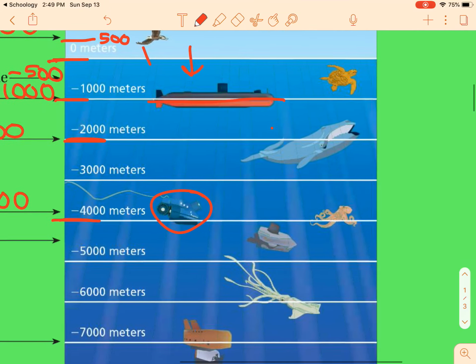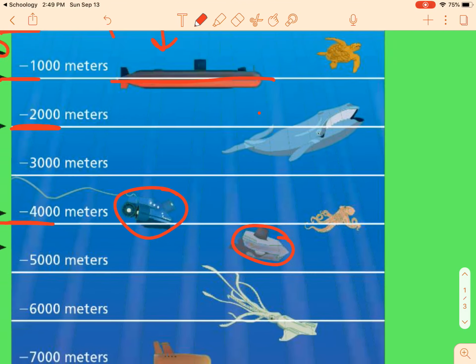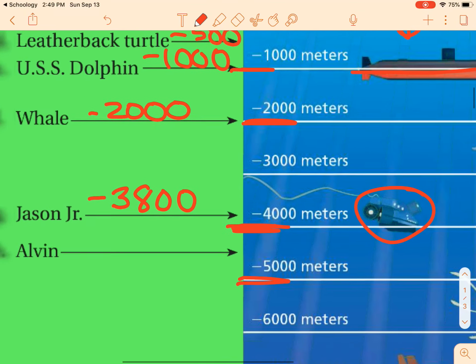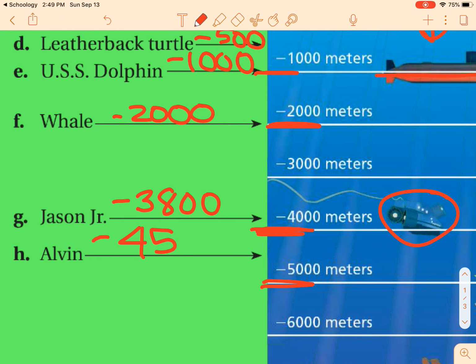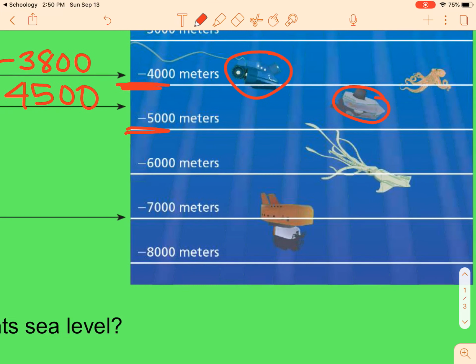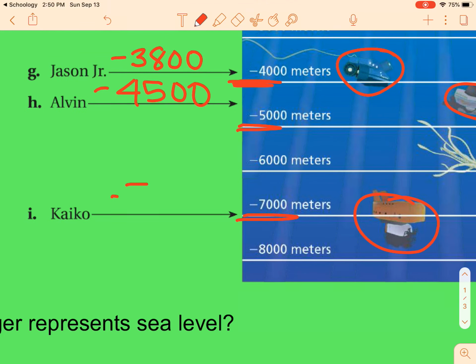And then our next one is Alvin, which is right there. Here's negative 4,000, here's negative 5,000. I would say that's somewhere in the middle, so I would go with negative 4,500. And then our last one is Kaiko, which is right here. So I would say Kaiko's at negative 7,000 meters.